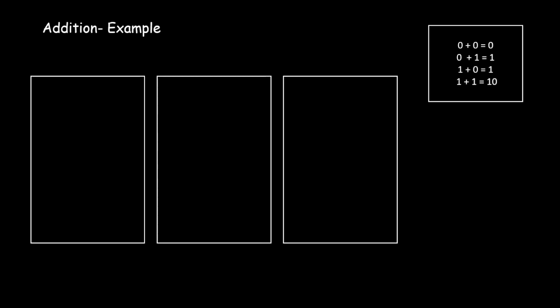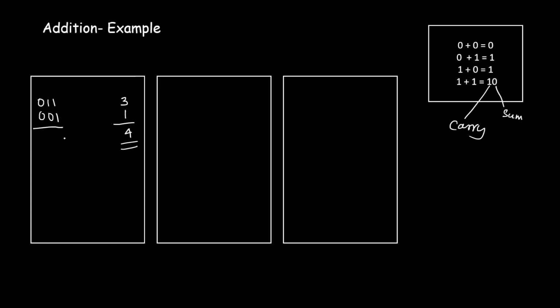So let's see an example. Let's take the first example, wherein we are adding 011 with 001. 011 in decimal is 3 and 001 in decimal is 1. So you should get a result of 4. Let's try adding this. 1 and 1, according to the rule, is a 0 with a carry.